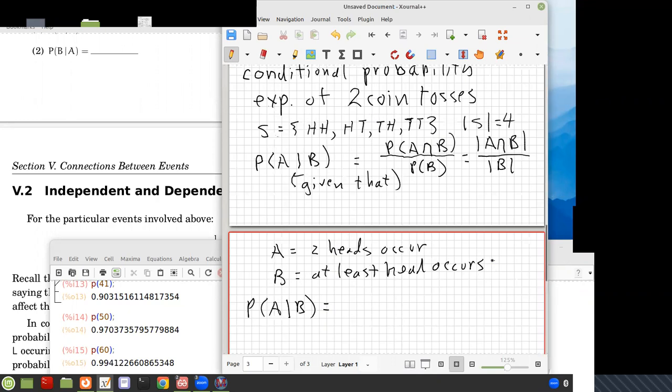This event is HH, HT, TH, and this event is just HH. It's just this one outcome HH. The intersection of these two is just A. So this equals the probability of A intersection B over B, but the intersection of A and B is just A.